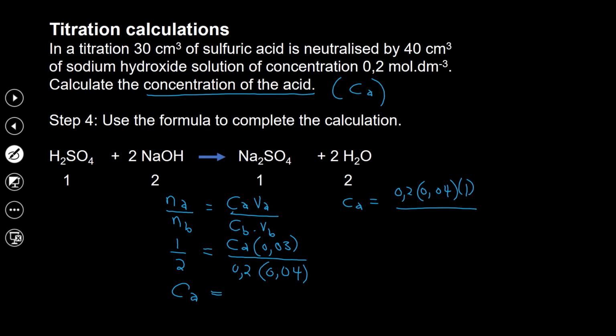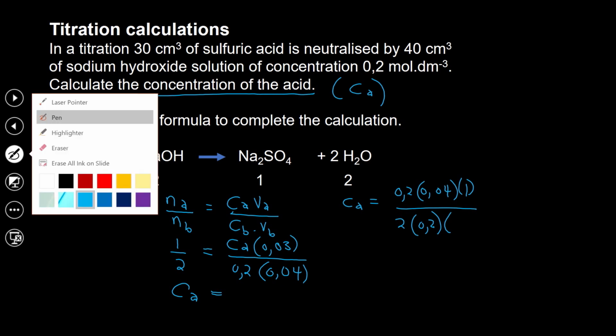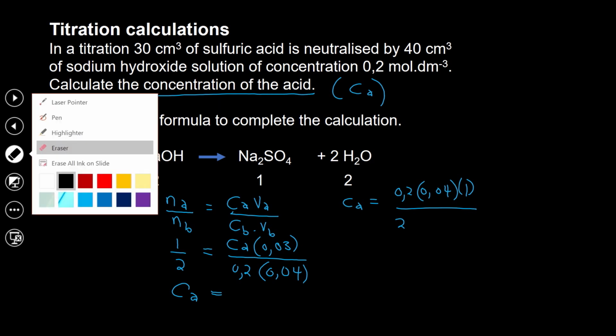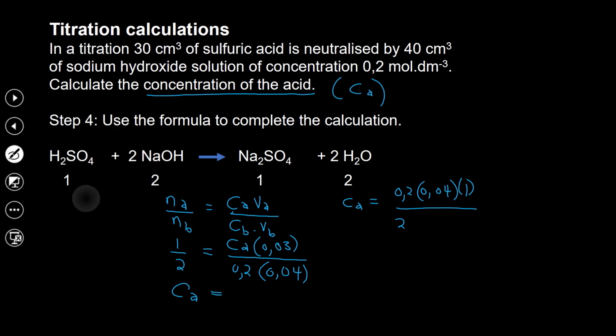And then we have to divide by 2 multiplied by 0.03, actually, just to correct that. The substitution is very important because the data is given, so if we make that the subject, it will be 2 multiplied by 0.03. That's our substitution there. So then we've got our concentration of the acid.